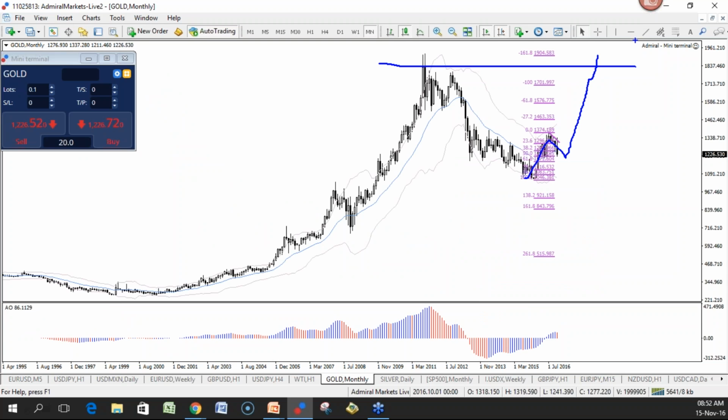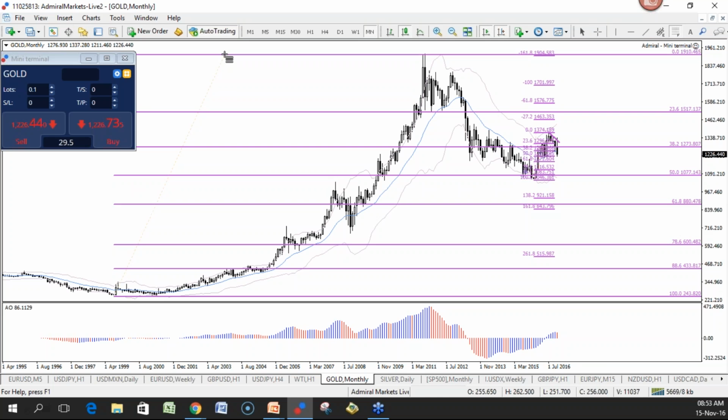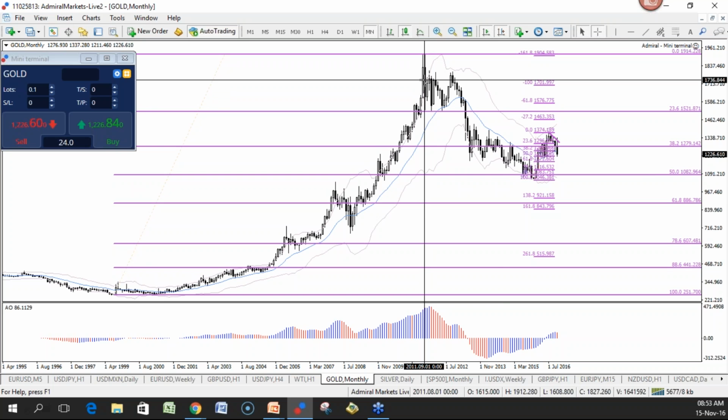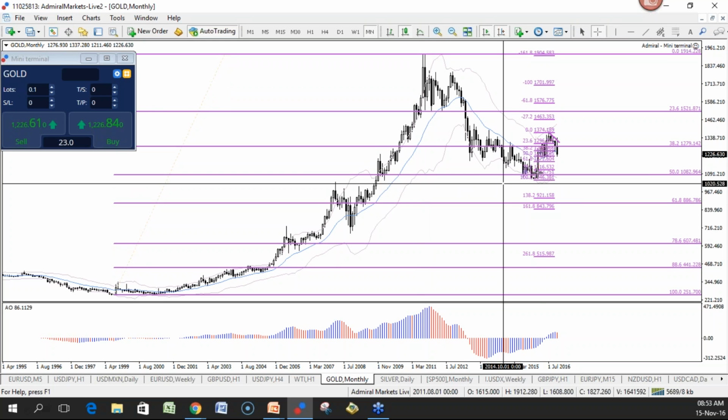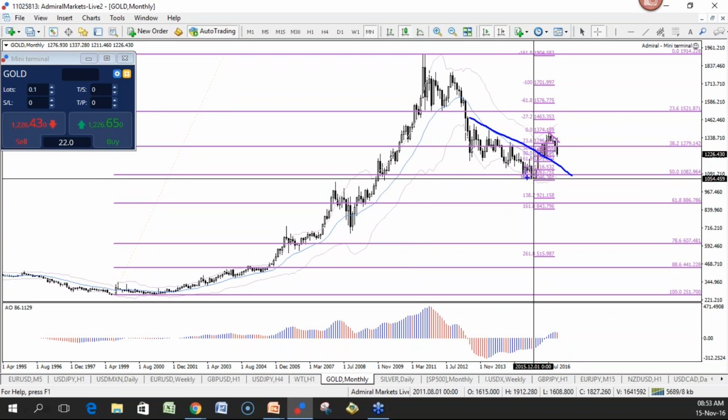If you look at the entire gold chart here, price hit the 50 fib of that entire upside from 1999 to, what was it, 2011, I believe it made a peak here. Yes. So it bounced at the 50 fib. It broke this resistance, so it could be a hook back and more upside.